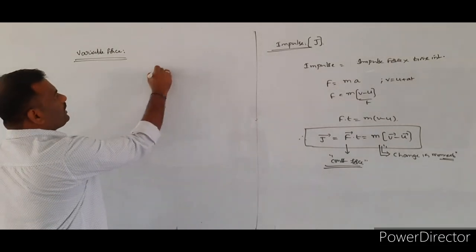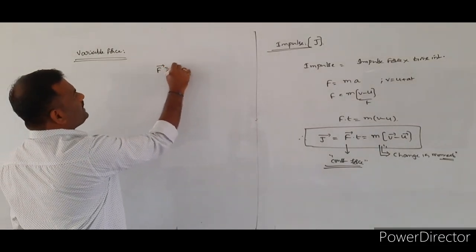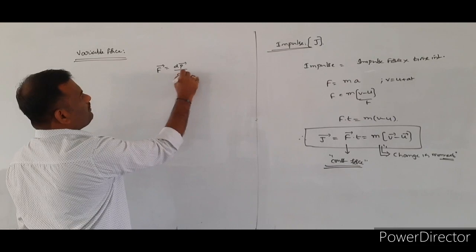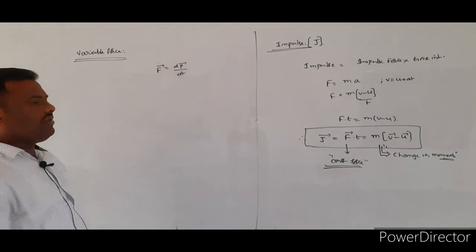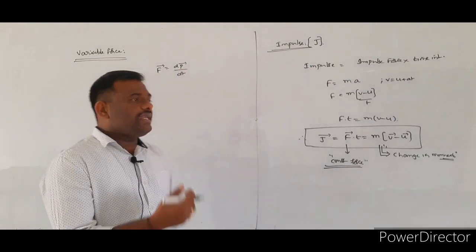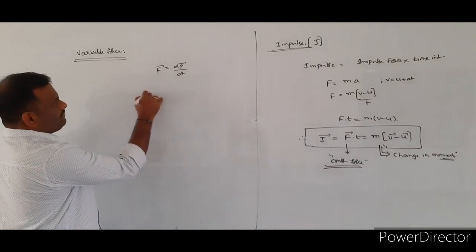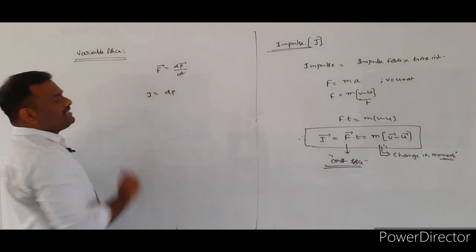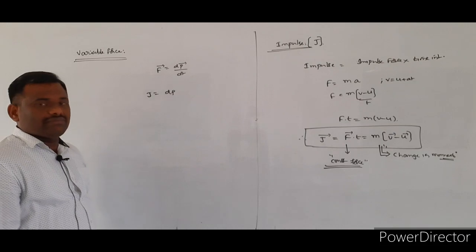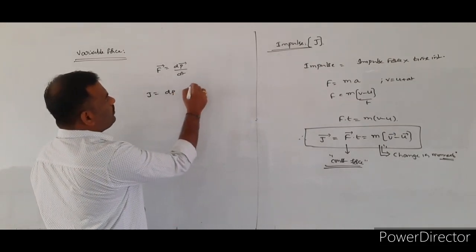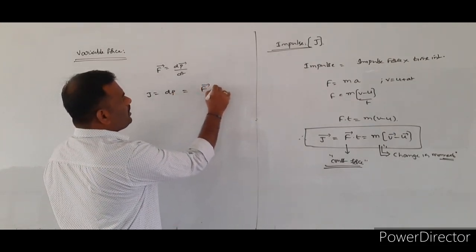We know that according to Newton's second law, F bar is equal to dP bar by dt, the change in momentum. Impulse is nothing but the change in momentum, so it is F bar into dt.